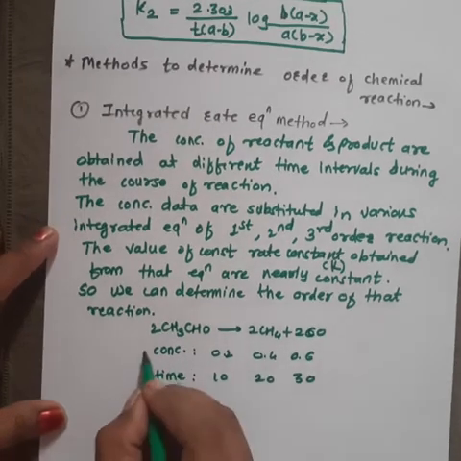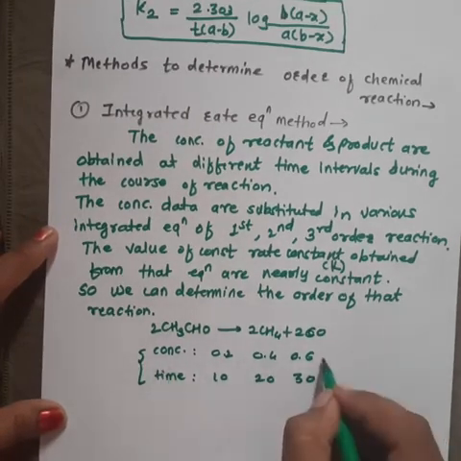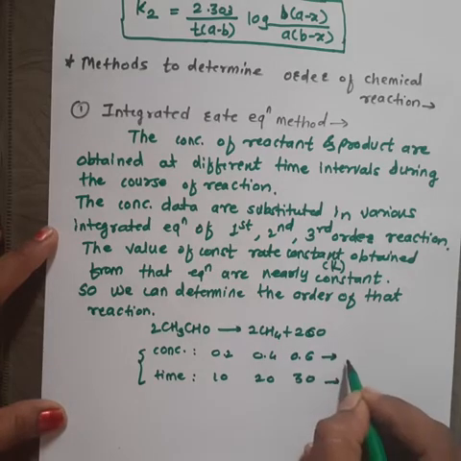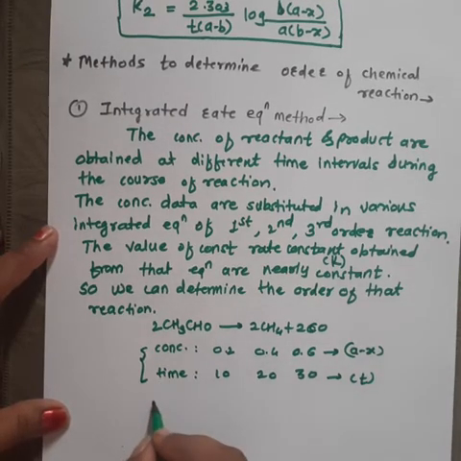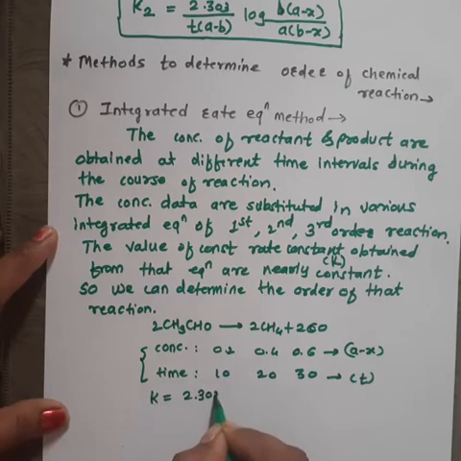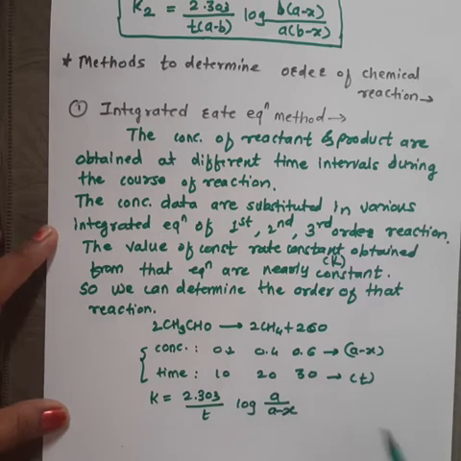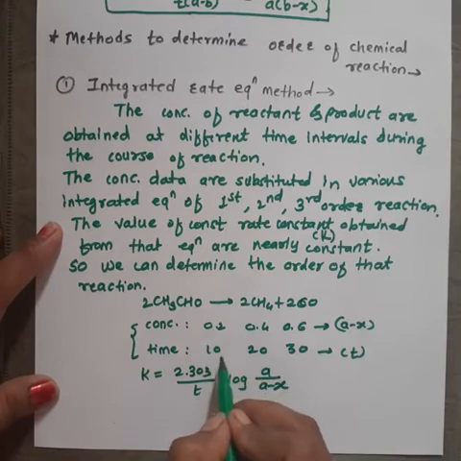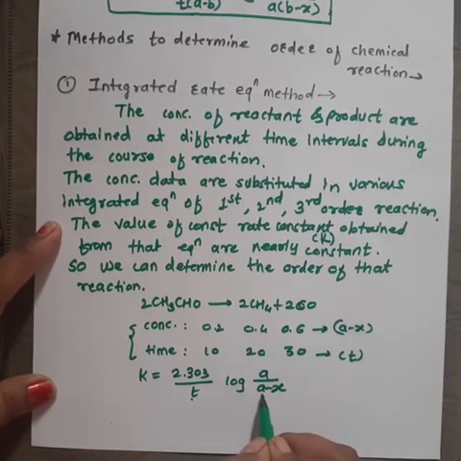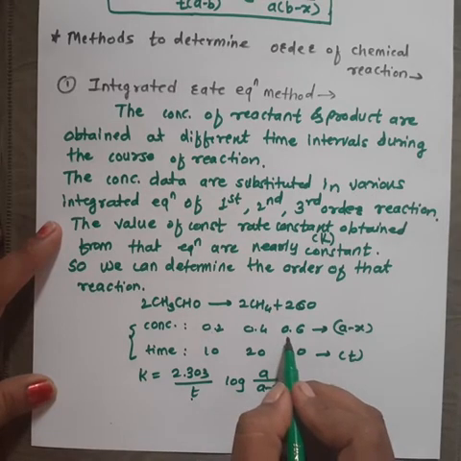If we put this concentration, that is A minus X, and this time T, in, for example, the first order equation, K is equal to 2.303 upon T log of A upon A minus X. Here for the first case the time is 10 minutes and the concentration A minus X is 0.6.